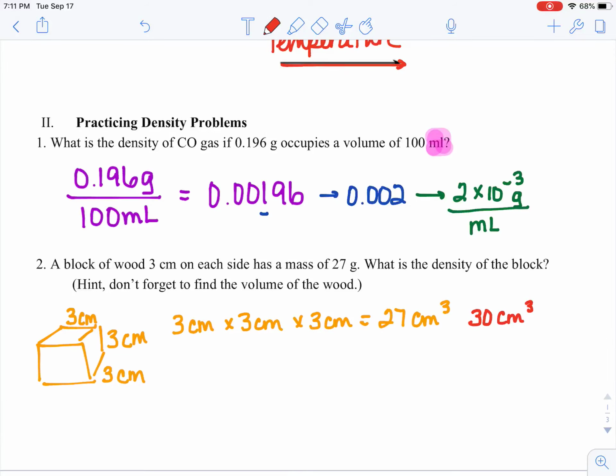Because I don't know if I measured the block and it's exactly 3 centimeters or that's what my block has allowed. Now, in our examples that we might find in the future, you're probably going to get a couple more decimal places. But in this case, we didn't. So 3 times 3 times 3 is 27, which we round to 30.